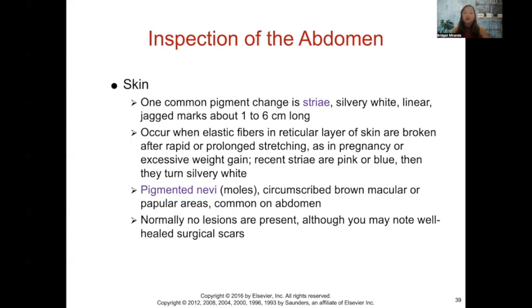And if there are any lesions or masses that you can appreciate, make sure that you are charting that appropriately. Other things that you might note are surgical scars, whether they're fresh open wounds or they may be old scars from previous pregnancies, C-sections, or from previous abdominal surgeries.